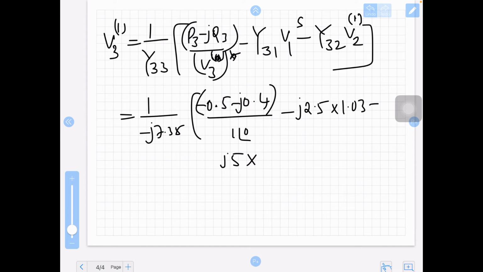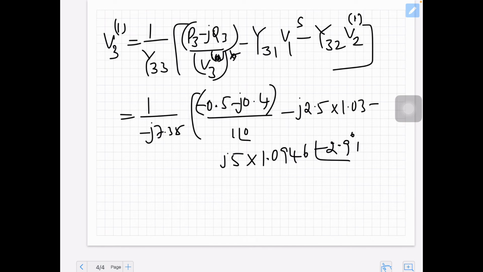The previously calculated value of voltage at the second bus we have to consider, 1.0946 at an angle of minus 2.9. So no need to write per unit here.